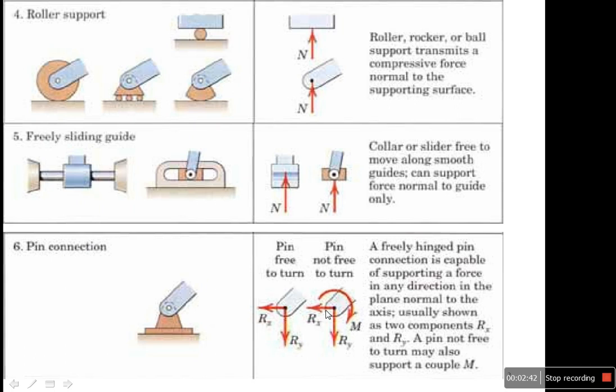If I have a pin connection, we have two types of pin connection. One is free to turn or free to rotate, so I need to put two components, let's say in the direction of X, and the second one in the direction of Y. If the pin connection is not free to turn, I need to put two components or forces and one moment or couple.